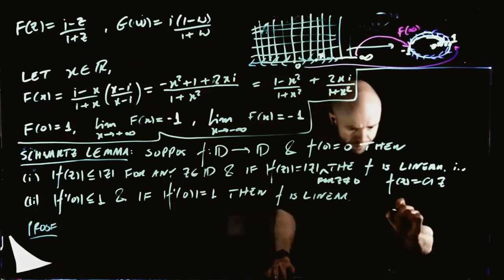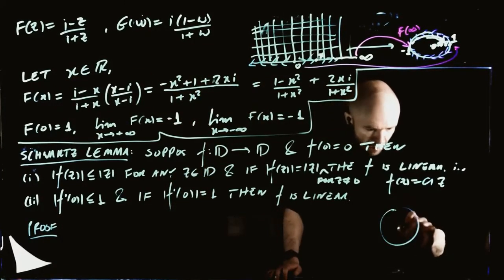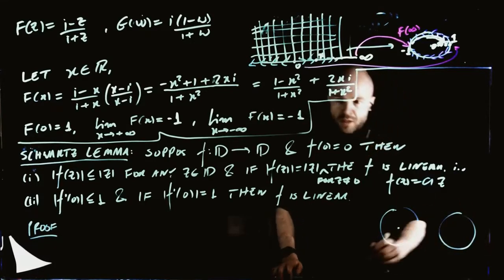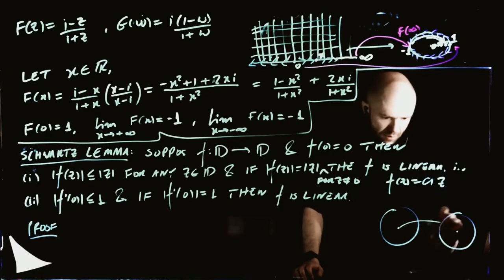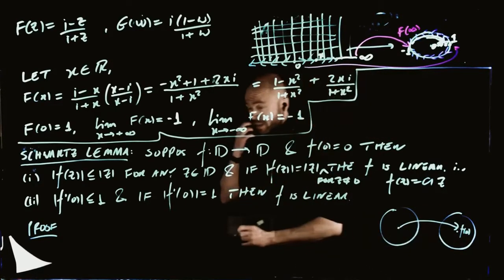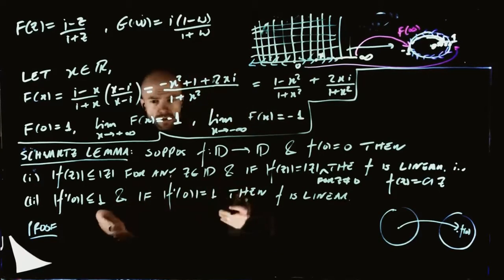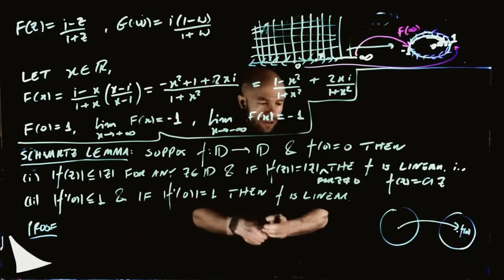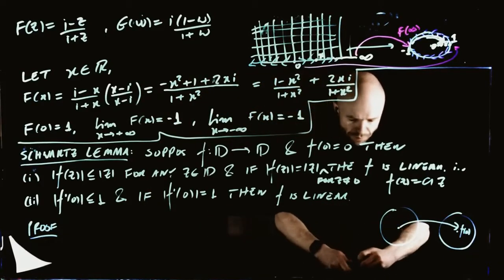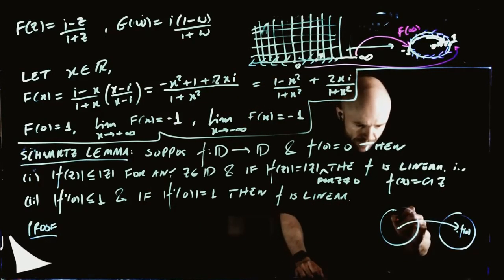So we have the unit disk being mapped into the unit disk with the center being sent to the center. What this theorem says is that this is an incredibly restrictive condition for these mappings.